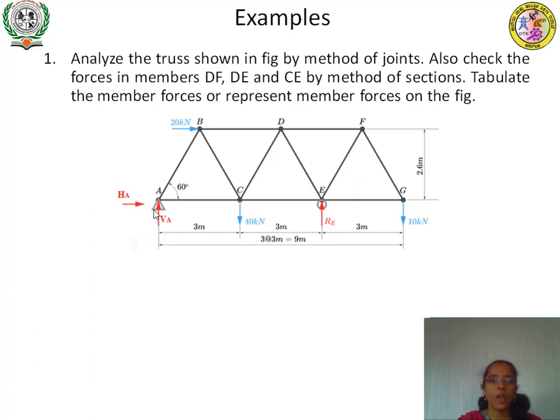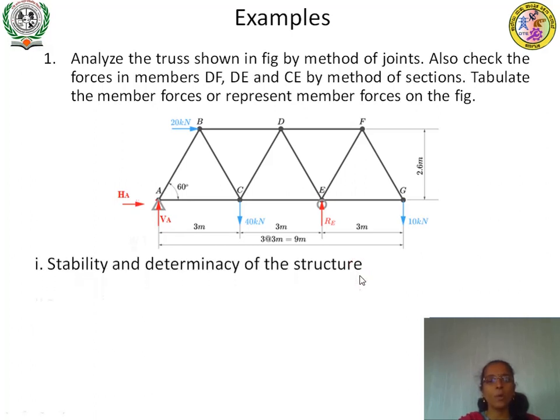As end A is a hinged end, there will be two reactive components, and end E is a roller, therefore there is a single reaction. The first step is to check whether the given truss is stable and determinate.